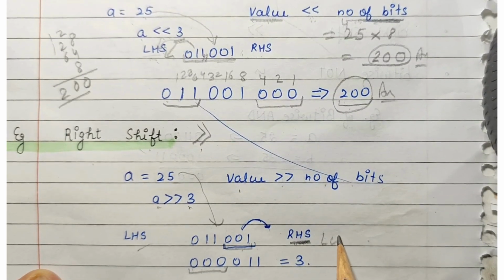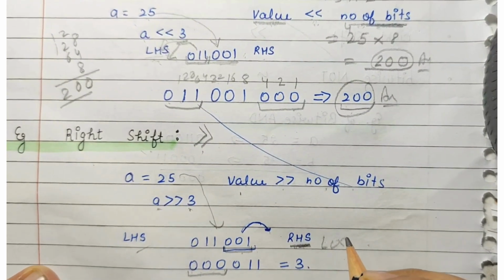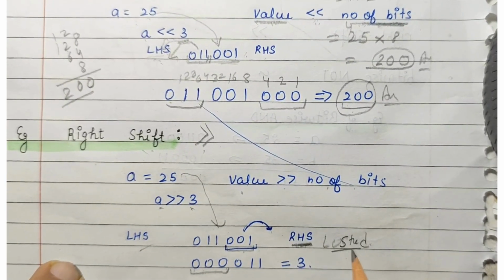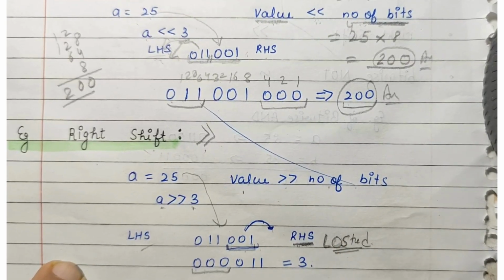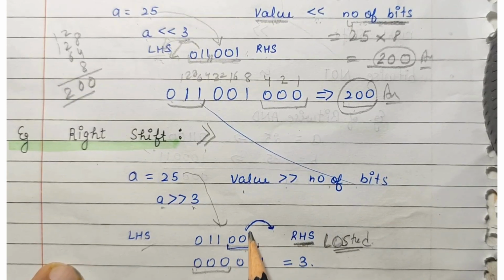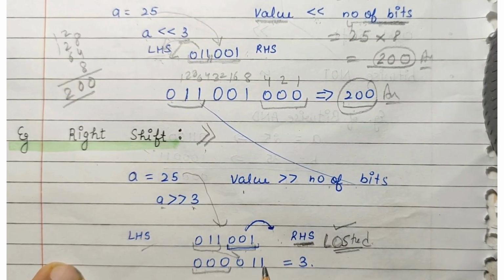Whatever bits are shifted on the right hand side are lost. In this operation this 001 is lost, these 3 bits are shifted out. So after this, the remaining bits move here, 011, and 3 padding bits are added here.